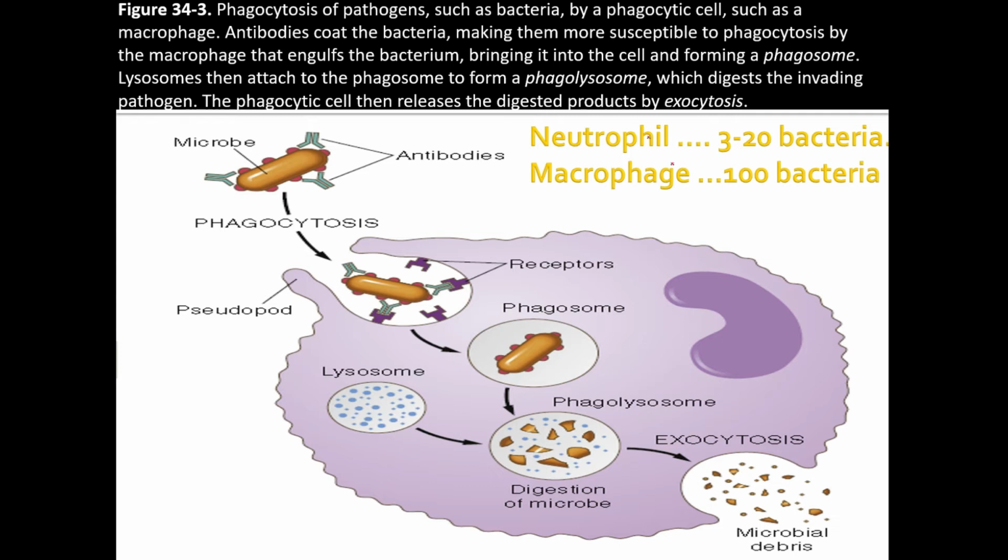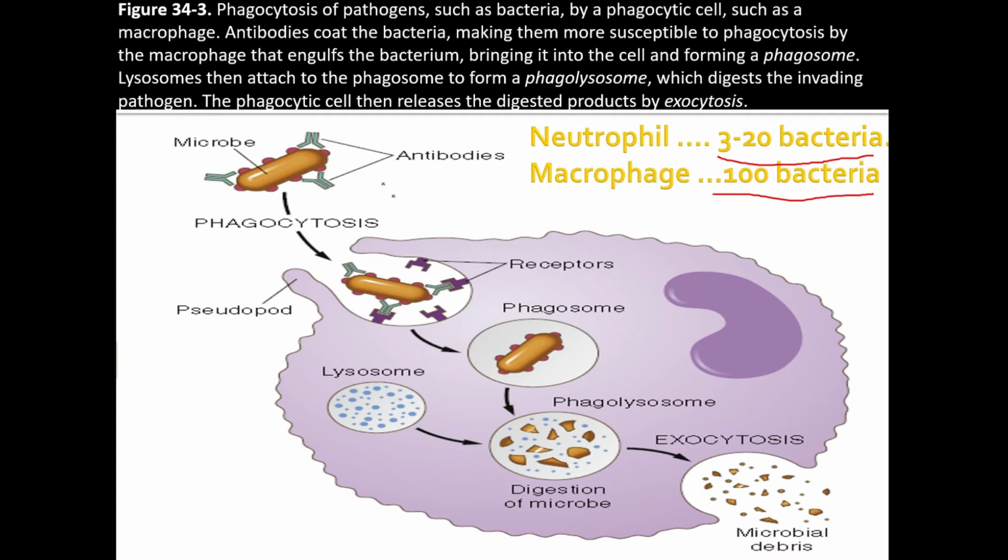Neutrophils are small cells, so they can kill 3 to 20 small bacteria, and macrophages are very large, so they can engulf and kill 100 bacteria.